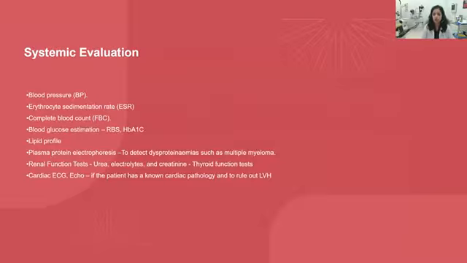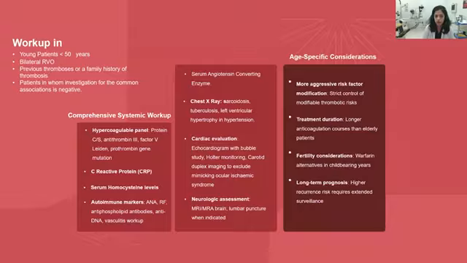In young patients, the workup is more important, and in bilateral RVO, any previous thrombosis or family history of thrombosis, and in patients on whom investigation for the common associations. Let's say we've ruled out blood pressure, we have ruled out dyslipidemia, we ruled out diabetes. Now we need to investigate a little further.